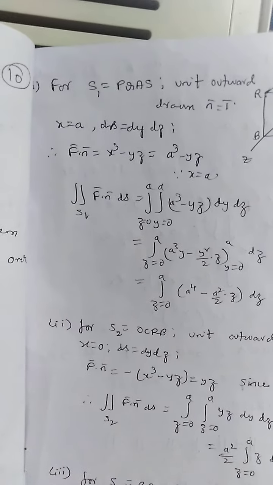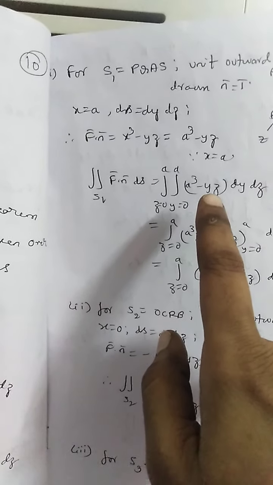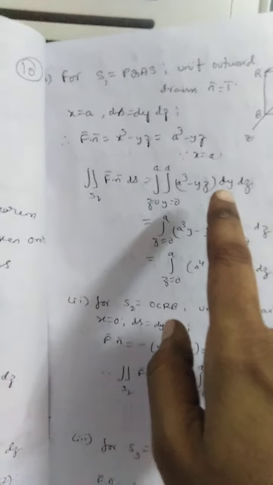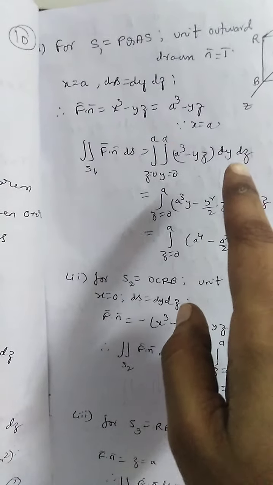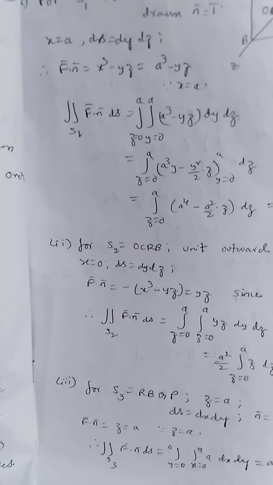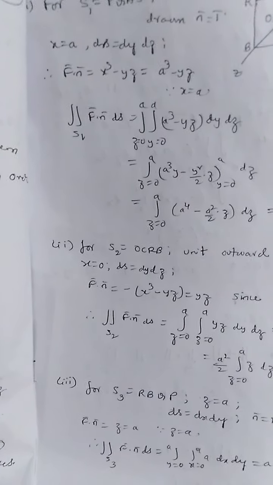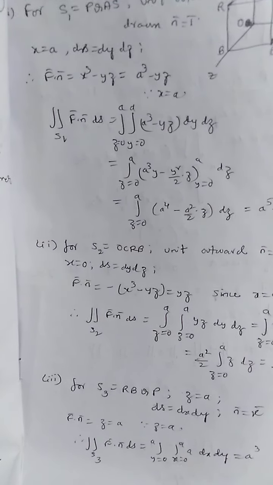So f bar dot n bar is x cube minus yz, with x = a. The integration is for y and z, z from 0 to a and y from 0 to a.